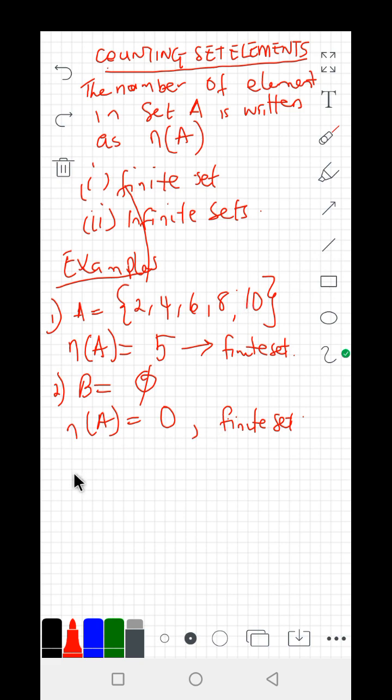What about, let's say, C equals the set of all natural numbers? Is this a finite or infinite set? This is an infinite set.